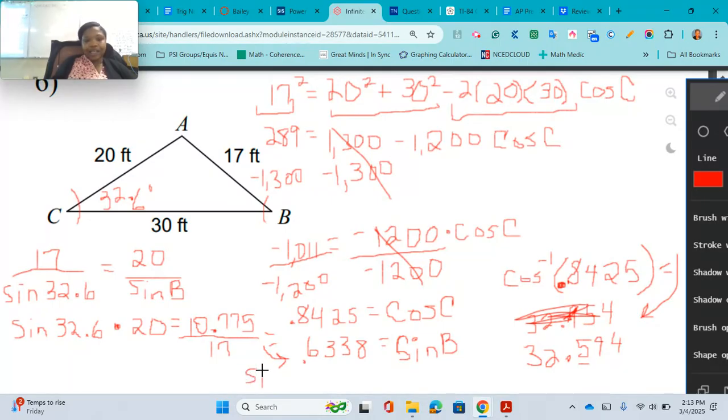So that is sine inverse of that previous answer, 0.6338. And that will equal, put it in my calculator.